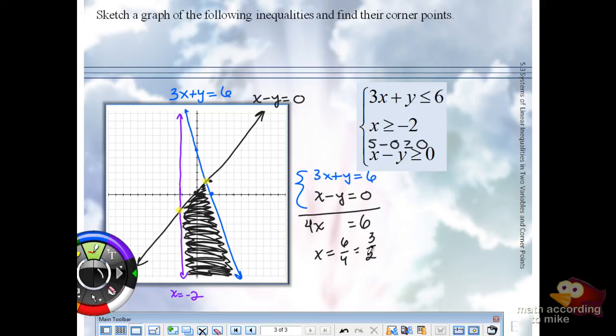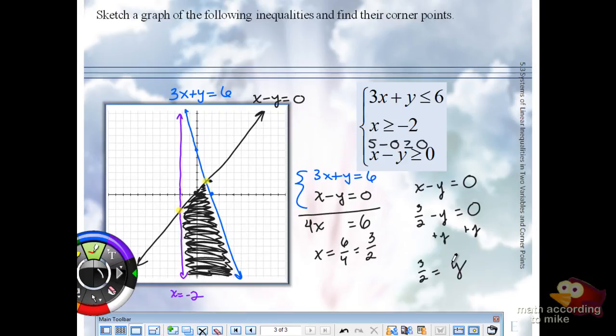Doesn't matter which one you use. Let's use the second one. So instead of x minus y equals 0, we now have 3/2 minus y equals 0. If I add y to both sides, I get 3/2 equals y.